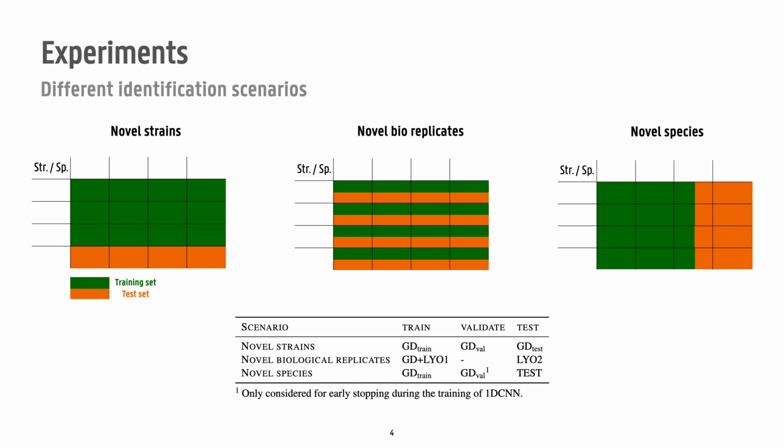In the second scenario, we assume that at test time, only novel biological replicates of strains seen during training are analyzed, and one therefore expects a better identification performance. In a third scenario, for which specific methods are required, the goal is to detect whether a MALDI-TOF mass spectrum represents a species that is not present in the training dataset. This scenario inherently translates to an out-of-distribution detection task.